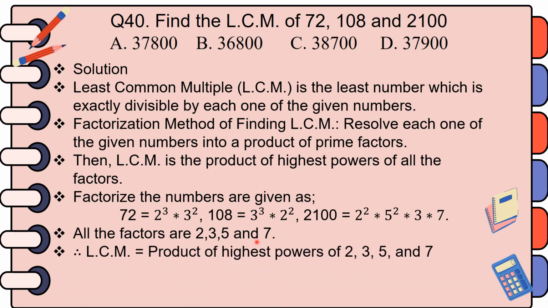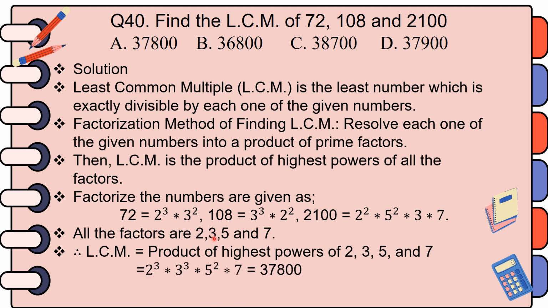After that, take the highest power of all these prime factors: the highest power of 2, of 3, of 5, and of 7. The highest power of 2 from all the numbers is 2 to the power of 3, so you take 2 to the power of 3.